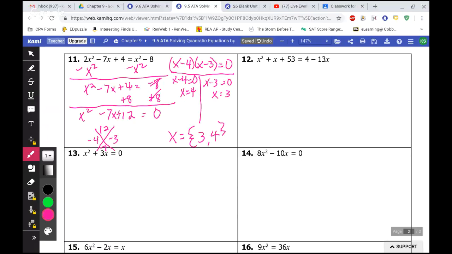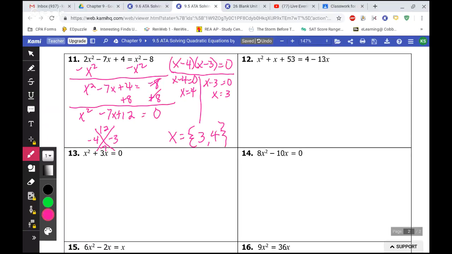And you'll notice I am trying to put these in order, because in a solution set I usually prefer to put my answers in order of least to greatest. Least to greatest is usually what you do.